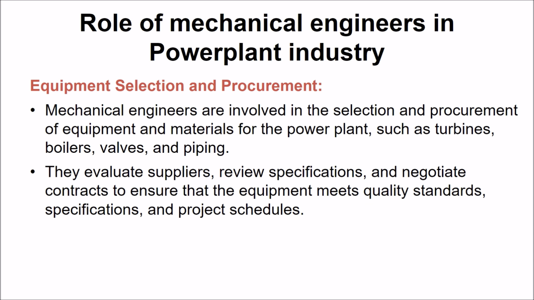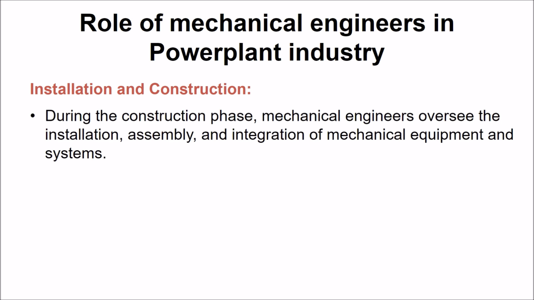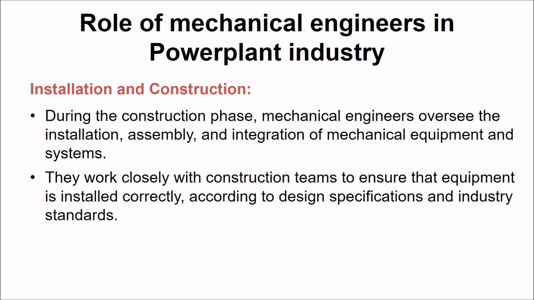During the construction phase, mechanical engineers oversee the installation, assembly, and integration of mechanical equipment and systems. They work closely with construction teams to ensure that equipment is installed correctly according to design specifications and industry standards.